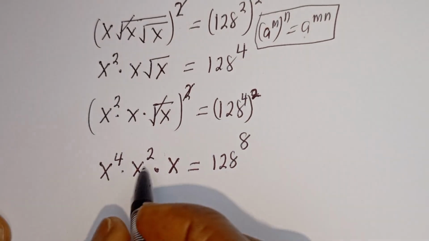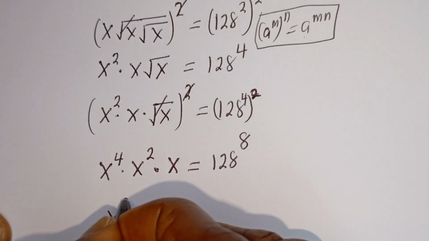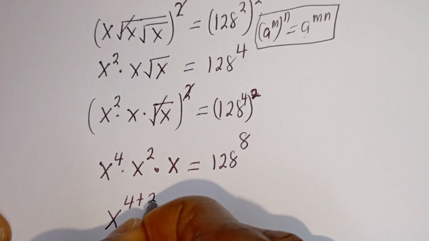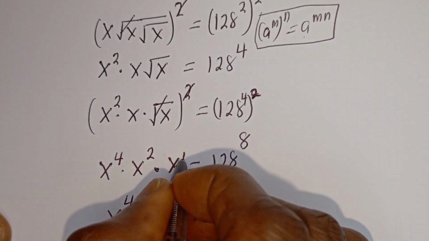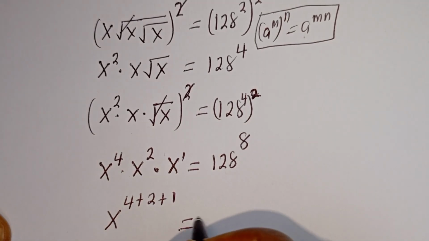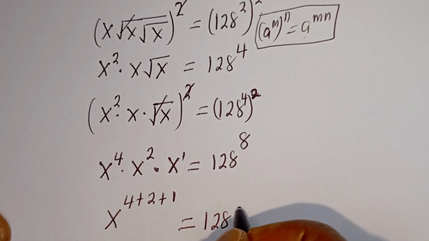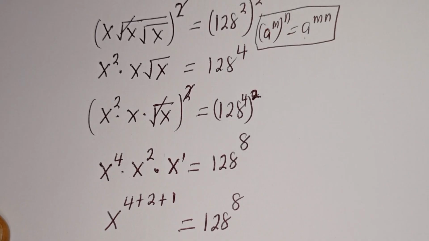Now here we have s to the power of 4 plus 2 plus this is to the power of 1, 1 is equal to 128 to the power of 8.